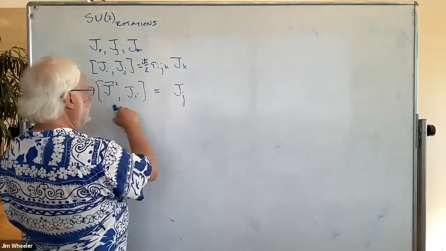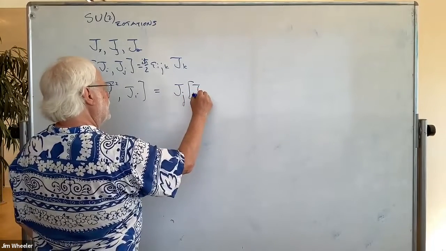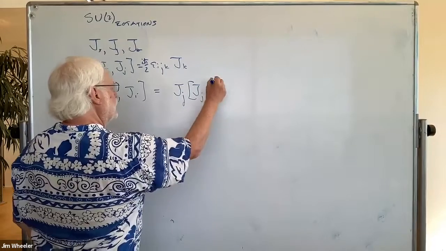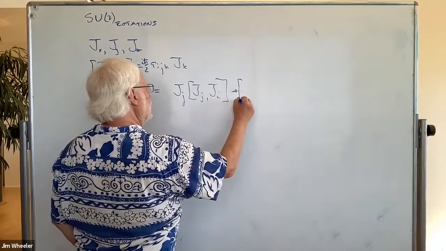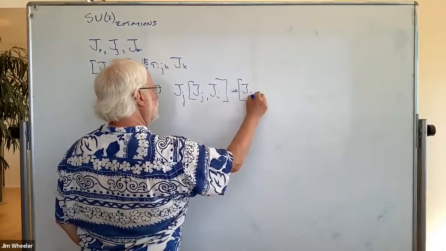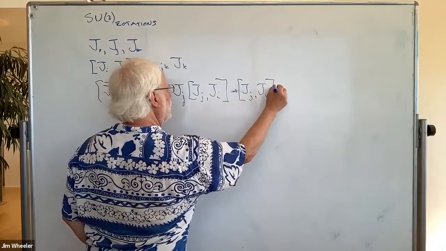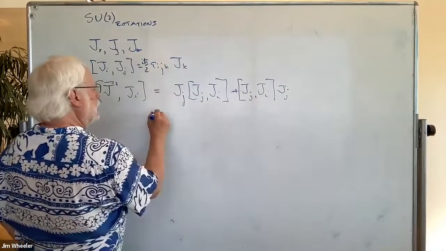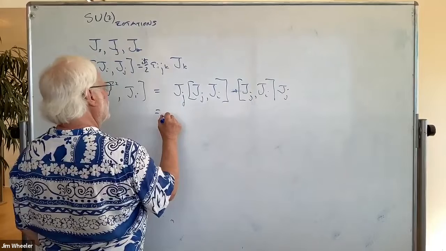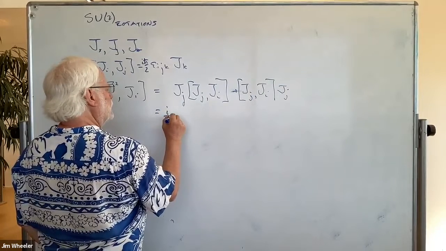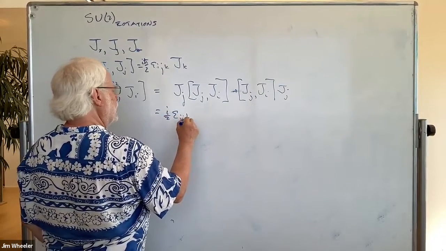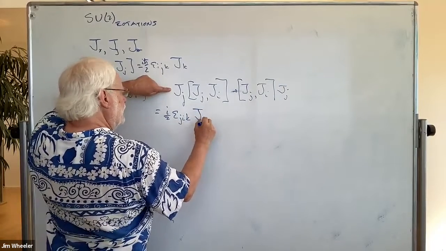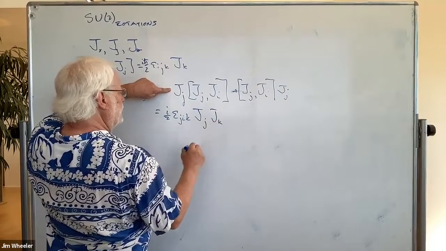So if I write this as J_i J_i, and I use this identity, pulling it out first to the left and then to the right, then this is i over 2 ε_jik, this J with a J_k from the commutator.